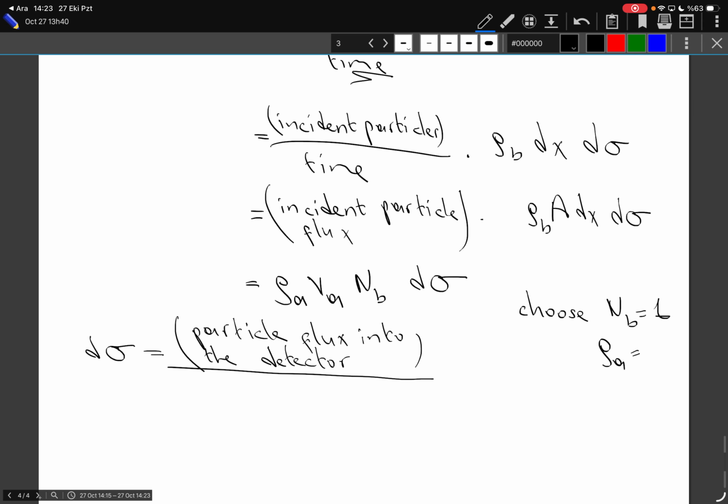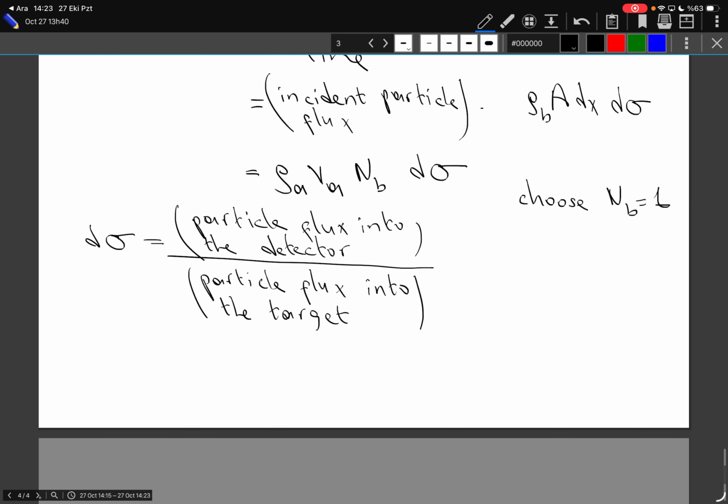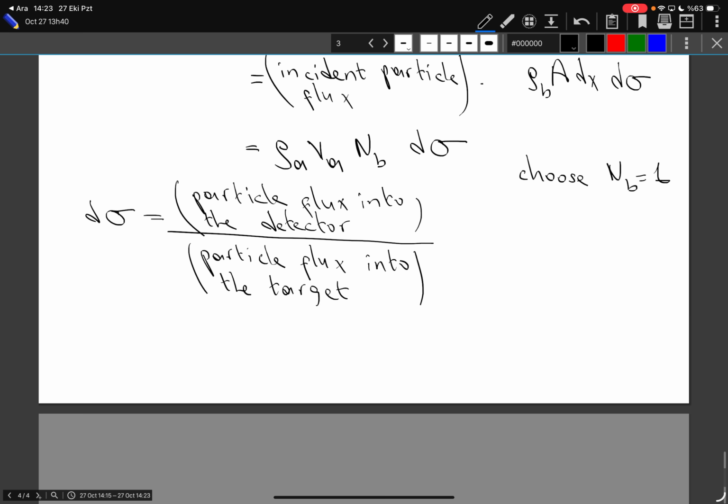Or no. Particle flux into the detector over particle flux into the target, where what I mean by particle flux is rho A VA.